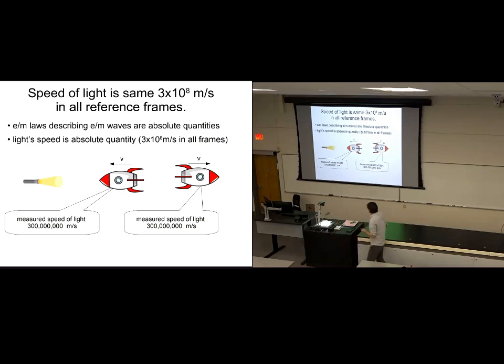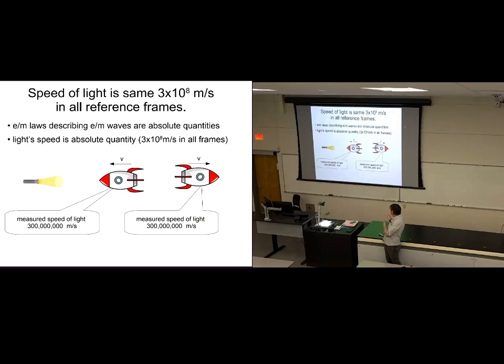So in this slide here, the spaceship on the left is traveling towards the left, towards the flashlight, towards the source of light, kind of like one car was traveling towards the left, towards the loudspeaker. The spaceship on the right is traveling towards the right, away from the source of light.